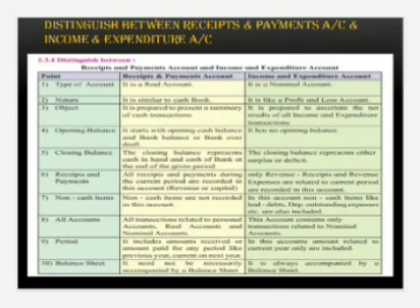Then all transactions related to personal accounts, real accounts and nominal accounts are in the receipts and payments account, while the income and expenditure account contains only transactions related to nominal accounts. And period: it includes amounts received or paid for any period like previous year, current year or the next year, and in income and expenditure account, amounts related to the current year only are recorded.